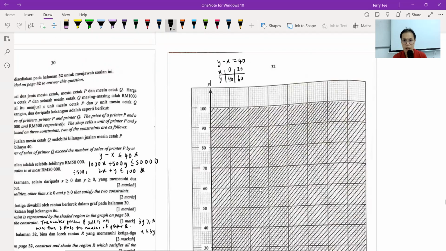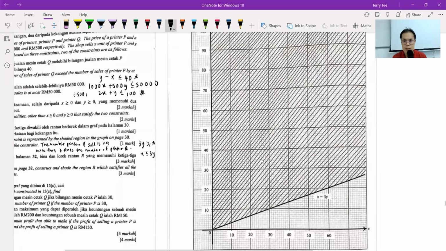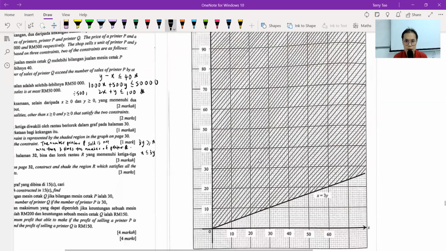Maybe I build a table first for both. The second one is 2x plus y equals 100. Let us use x equals 0, y is 100, and y equals 0, x is 50. Okay, I got these two values already. So the first one, 0, 40 is here, 20, 60 is here.